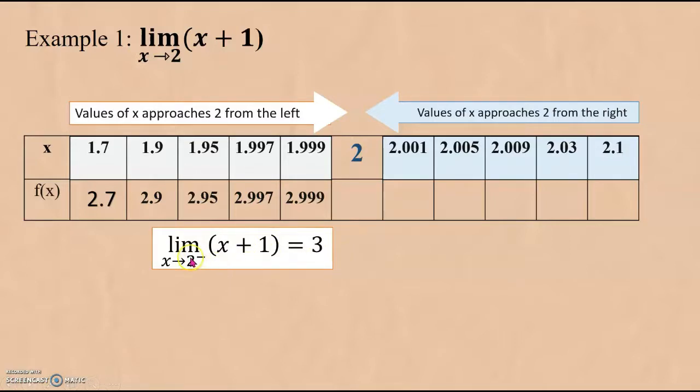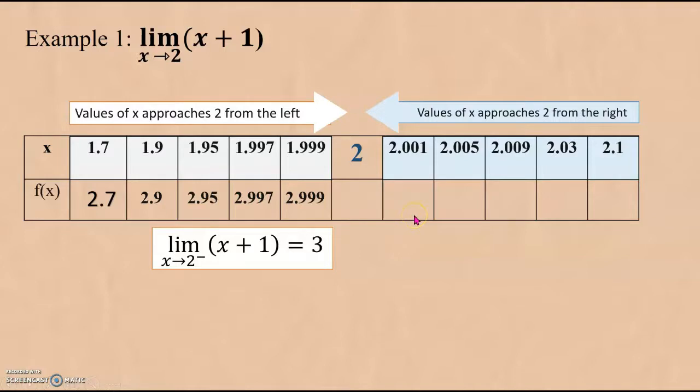Again, take note that the negative exponent there denotes that this limit is a left-hand limit. The limit of x plus 1 as x approaches 2 from the left is 3.